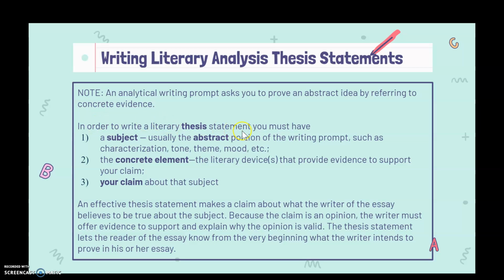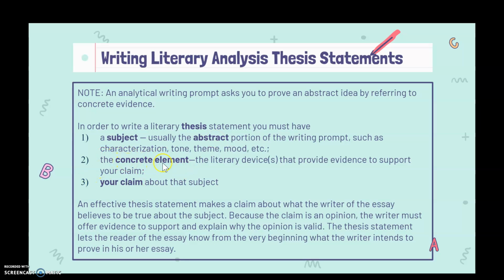So in order to write a literary analysis statement, we have to have the following things right here. A subject. Usually, the abstract portion of the writing prompt, such as characterization, tone, theme, mood, symbolism, those are abstract ideas. And when I say abstract, I mean anything that's not concrete.